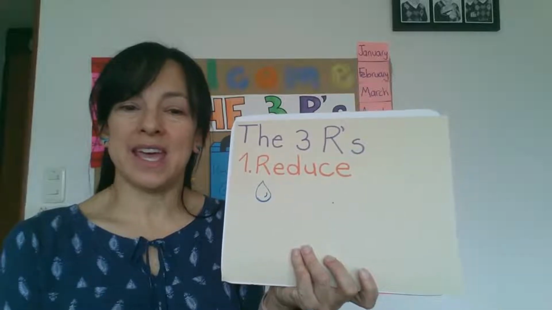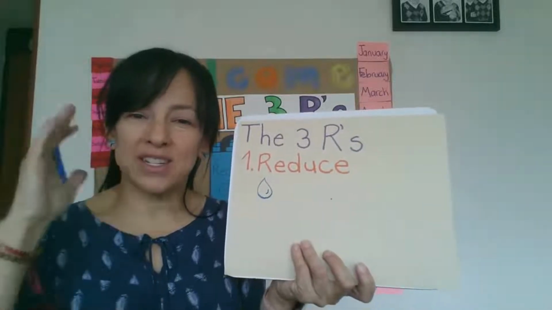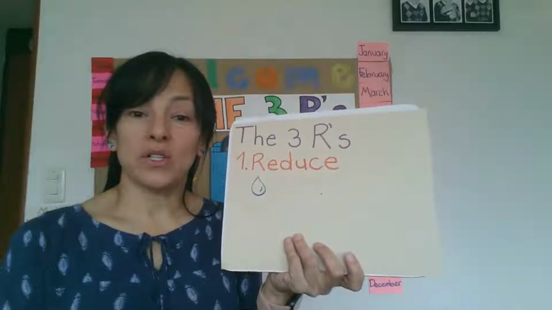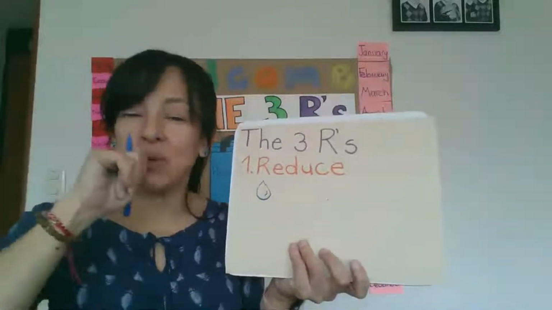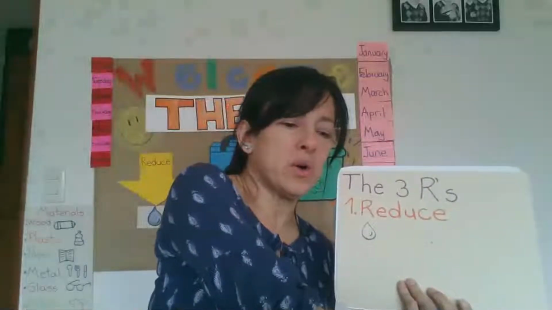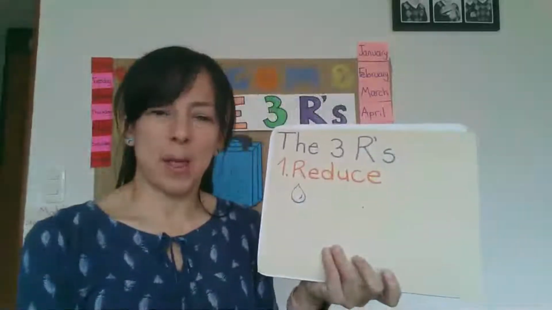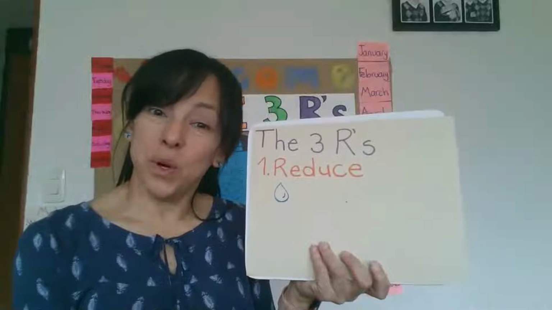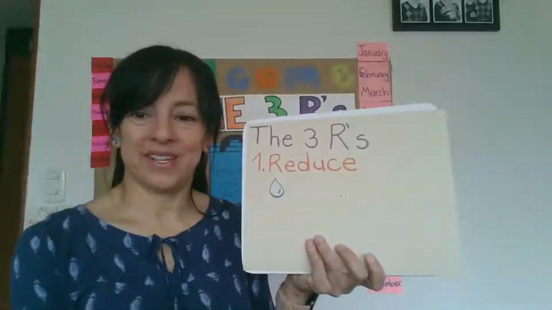We are going to take shorter showers. We are going to turn off the water when we are brushing our teeth. We are going to take care of water. Okay?